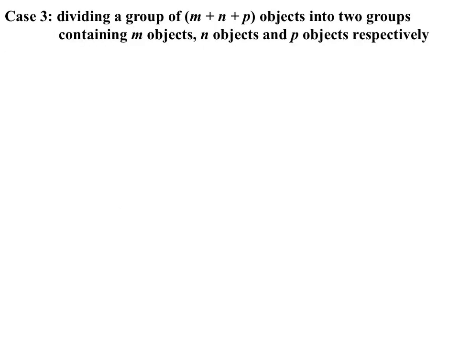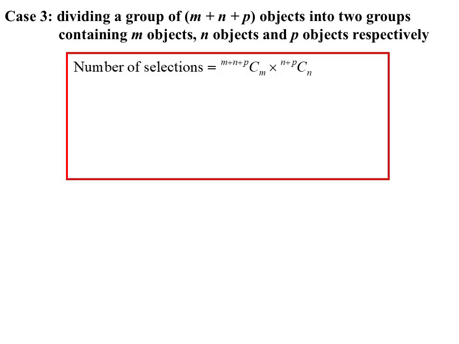Dividing a group of m plus n plus p objects into groups of m objects, n objects and p objects. Now, of course, it's 3 groups. Let's look at what happens here. I'd start off and say, of the m plus n plus p objects, I'm going to choose m of them. But now I'm left with n plus p objects, and I'm going to choose n of them.